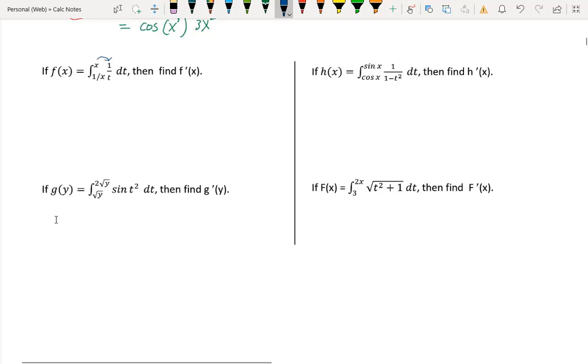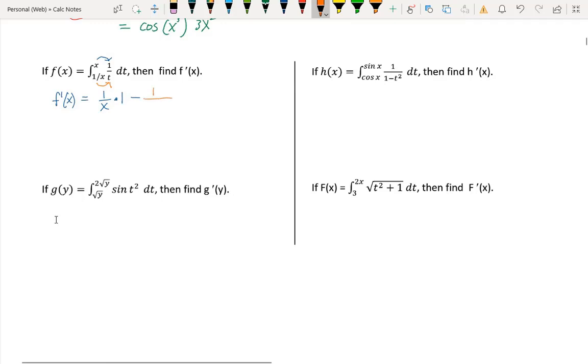So f prime of x equals 1 over x. Now I need to multiply this by the derivative of the upper limit, so that's times 1, minus, now we're going to plug in the lower limit for t. Now this one's going to get a little bit funky, so I'm going to write it out the first time, but you'll see what happens here.